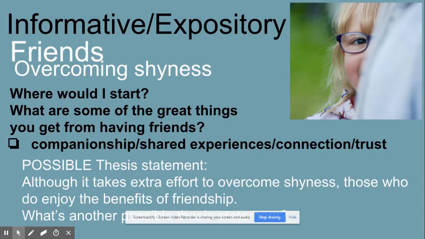So companionship, shared experiences, connection, maybe trust is a big part of it. So one possible thesis statement would be, although it takes extra effort to overcome shyness, those who do enjoy the benefits of friendship.